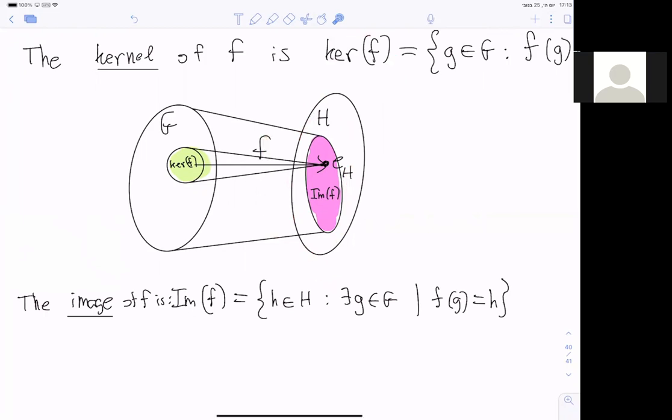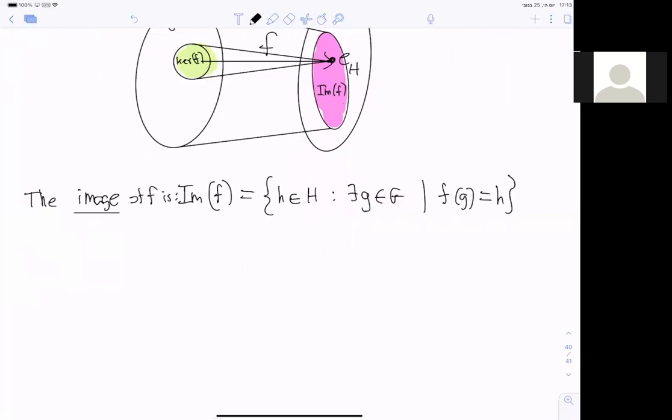It's not an invariant of f, but the kernel must be a normal subgroup. Okay, so let us prove that.